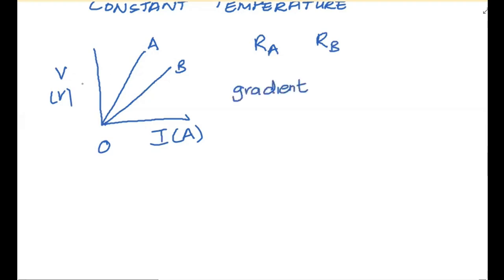And since my graph is V versus I, I know that my gradient is R, and therefore since the gradient of A is greater than the gradient of B, the resistance of A is bigger than the resistance of B. So that is one way of representing Ohm's law in a graph.